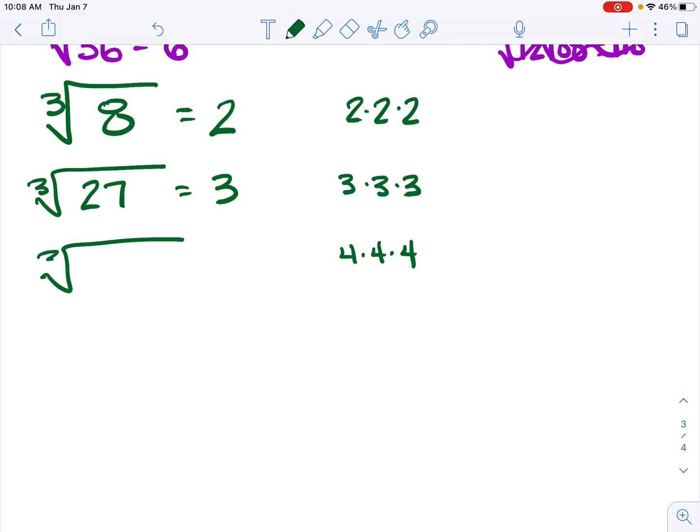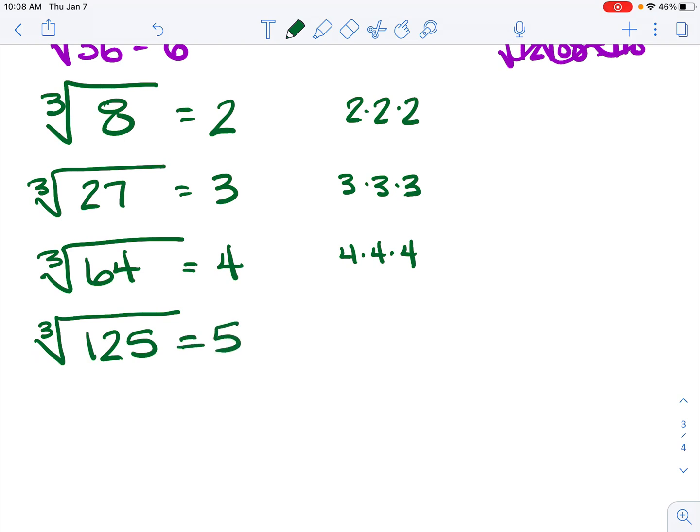The cube root of 64 is 4. The cube root of 125 is 5. Those are predominantly the cube roots. And then 4th roots, so 2 times 2 is 4, and 4 times 4 is 16.